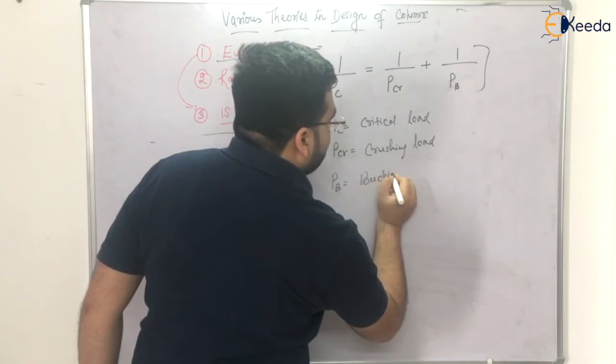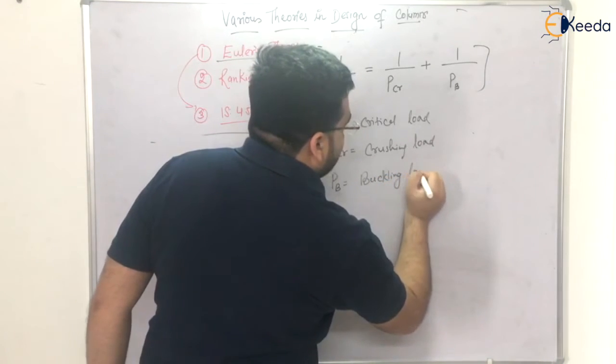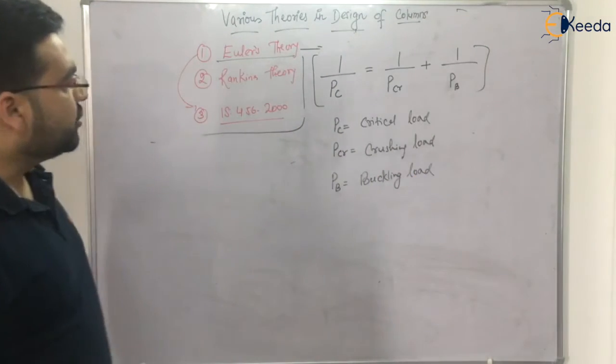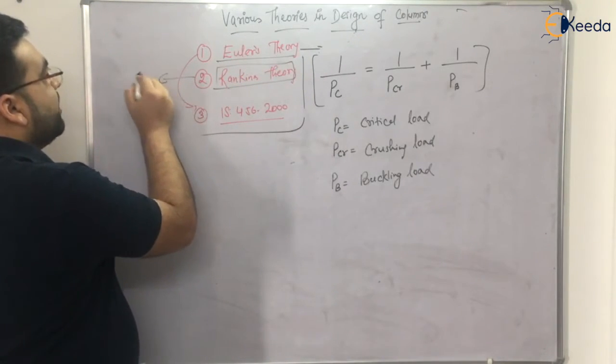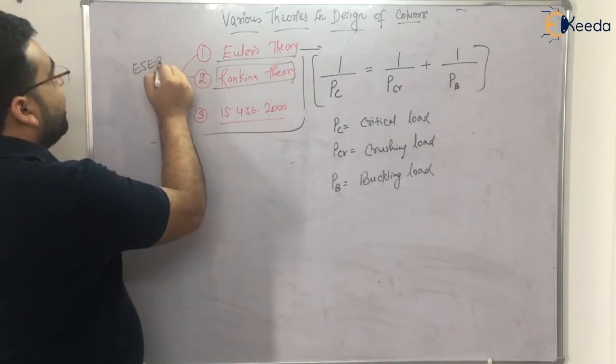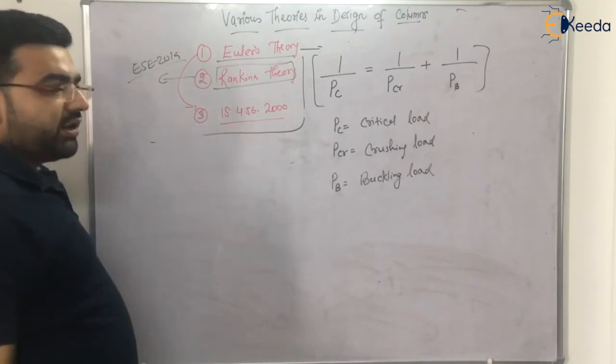So if all 3 loads are given, then we have to apply Rankine's theory. In ESE 2019, this question came directly, that formula, ESE 2019.